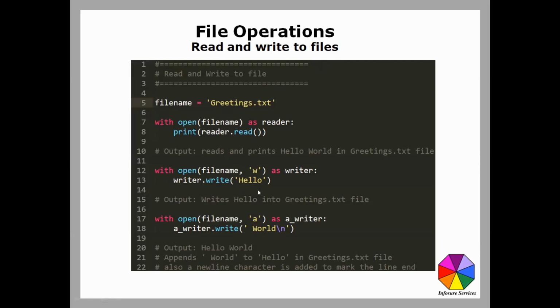It will open at the end of the word hello and append that particular text, space world. So you would have written hello world in that same line. And here you see a backslash and n standing for a line break.